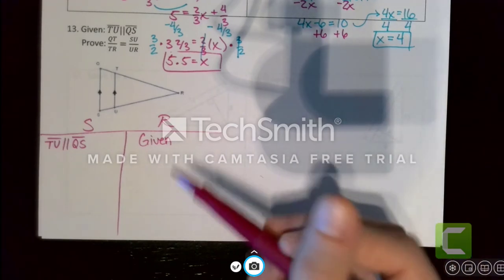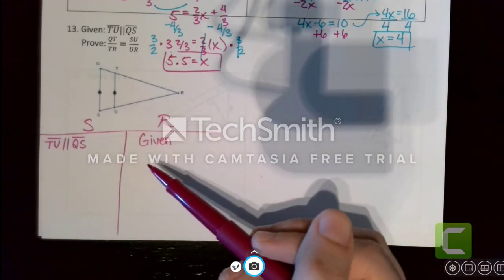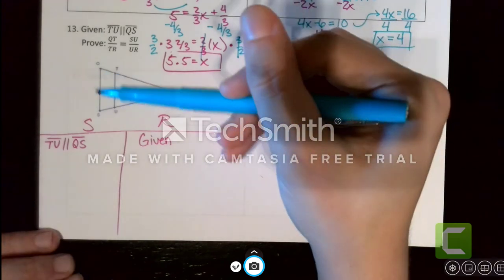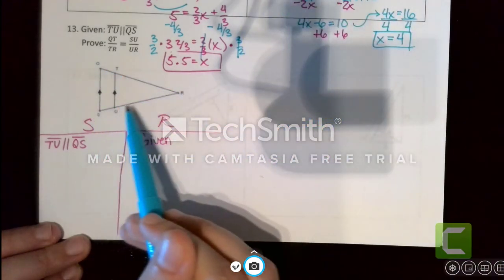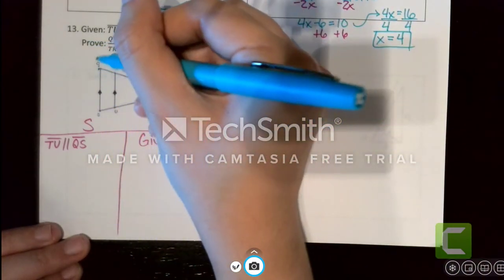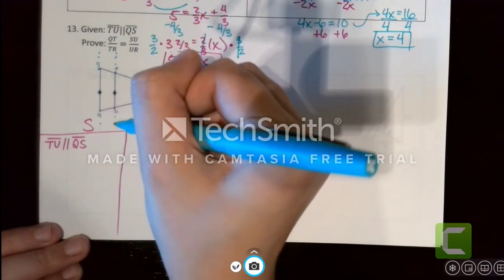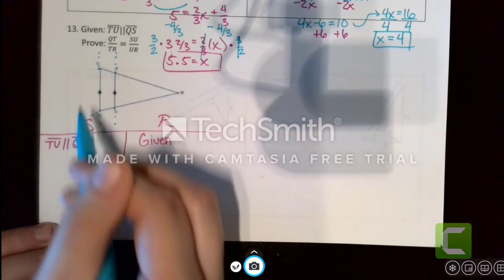Next, we need to think about what this means. Well, if TU is parallel to QS, that means we have angle relationships here because we have a set of parallel lines with transversals going across. Here is your set of parallel lines, and we can consider the sides of your triangle to be the transversals.